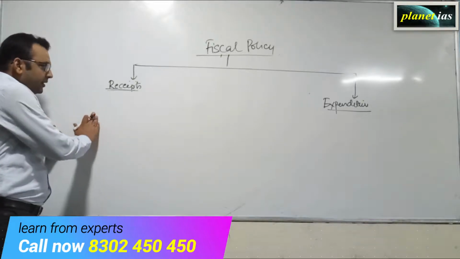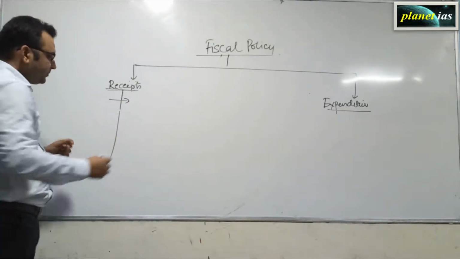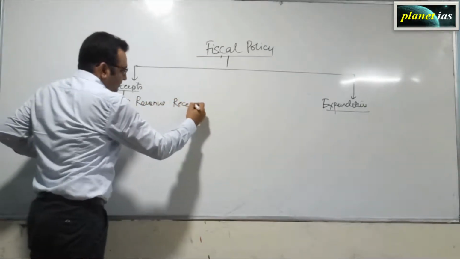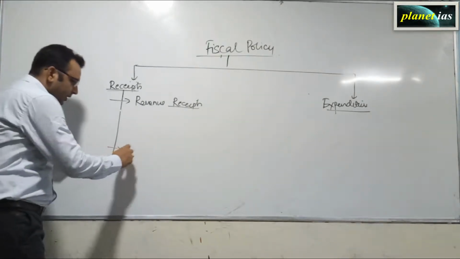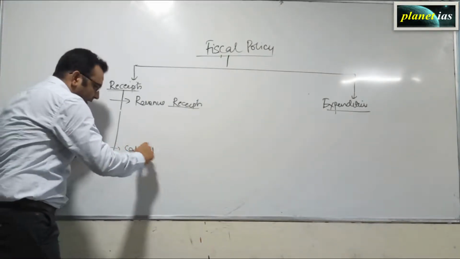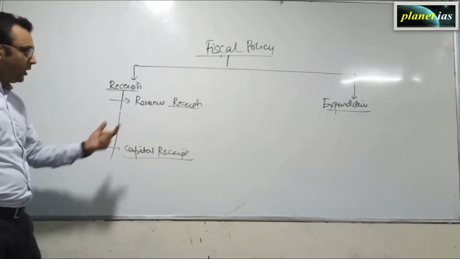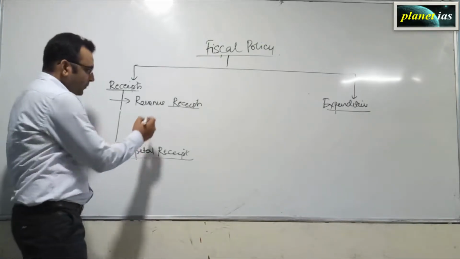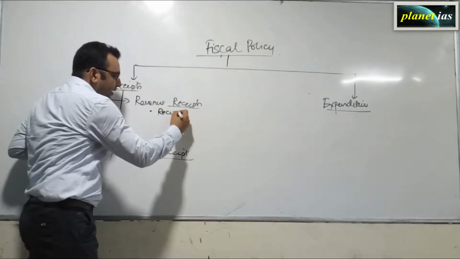The receipts can be further divided into two parts. One is the revenue receipt and the other is the capital receipt. What receipts are called revenue receipts? You see, the receipts which are recurring in nature.